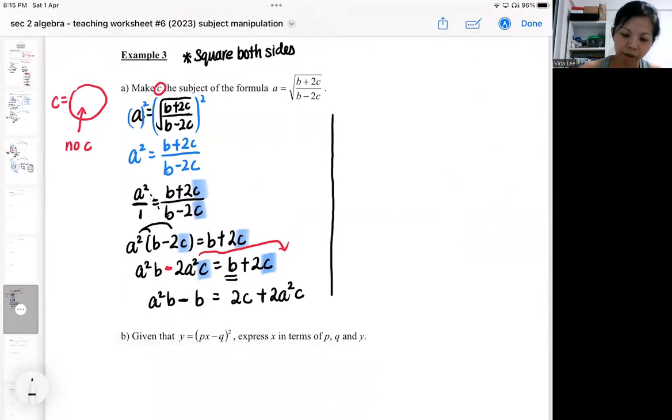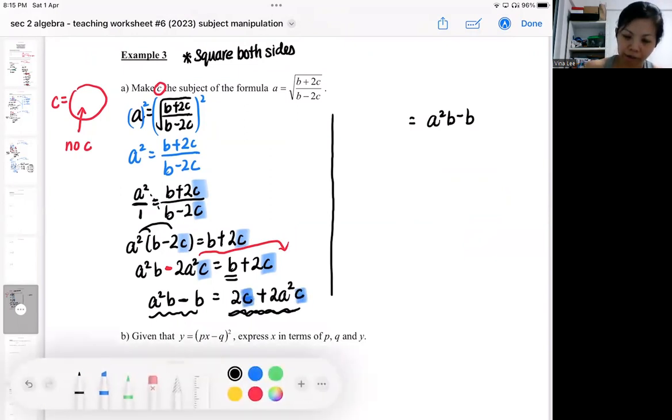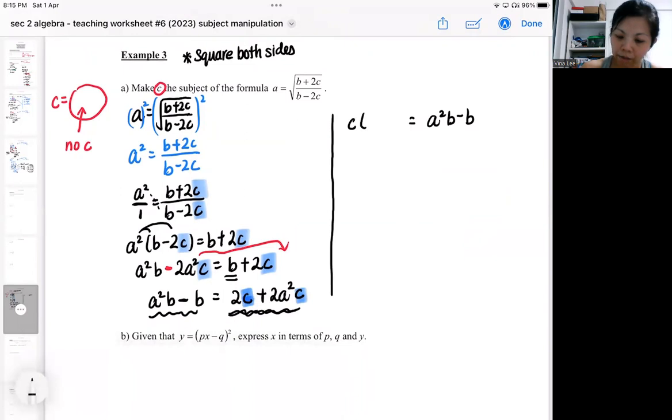I can rearrange them. The right side becomes your left side, and the left side becomes your right side. And this part that has got your subject, I can factorize. So take out common factor. In fact, I don't even want to take out 2 as a common factor. I just want to take out my subject as a common factor.